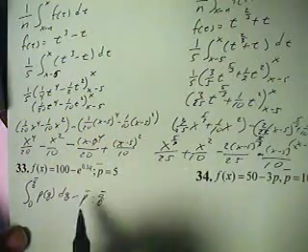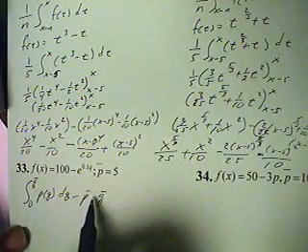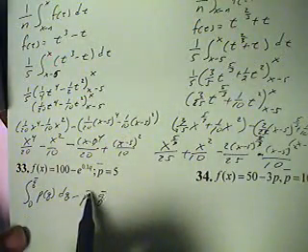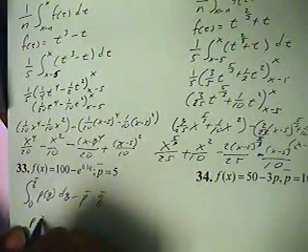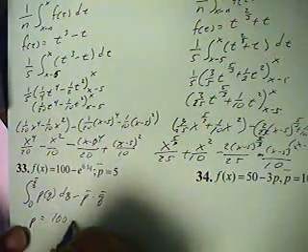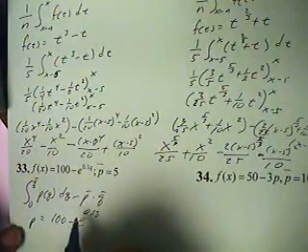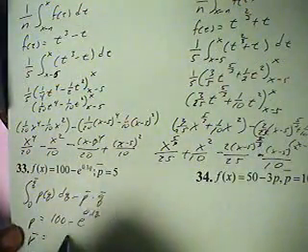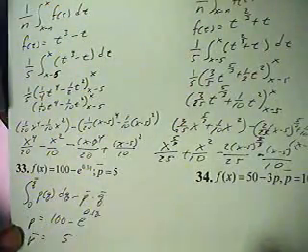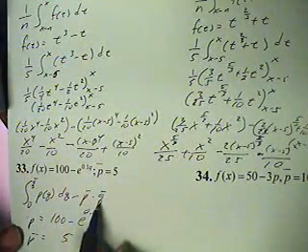Okay, so let's make sure we have all these things. Our price function is P equals 100 minus e to the 0.1 Q. That's good. Our current price is $5, but we don't have our current demand.